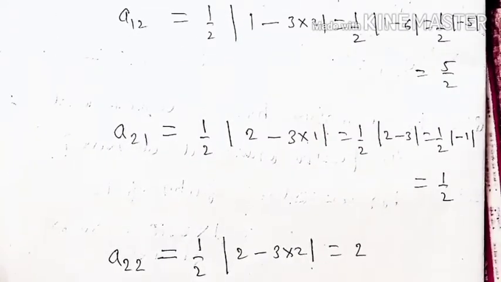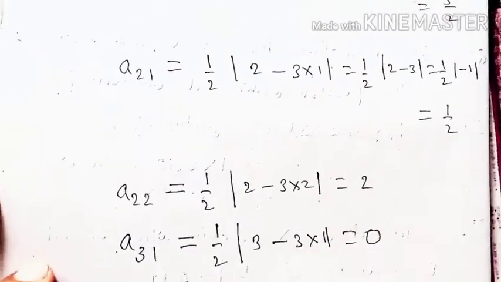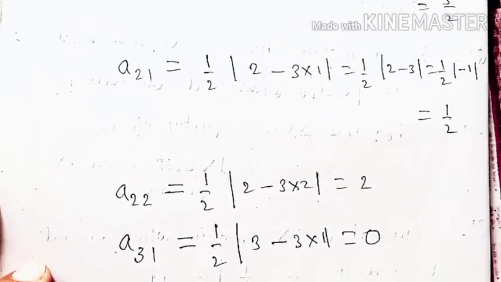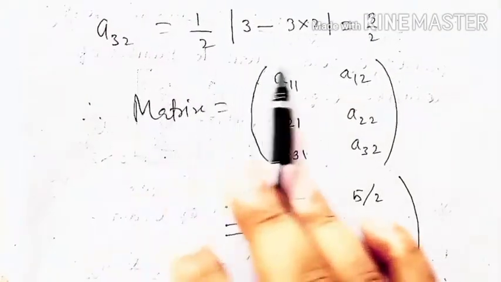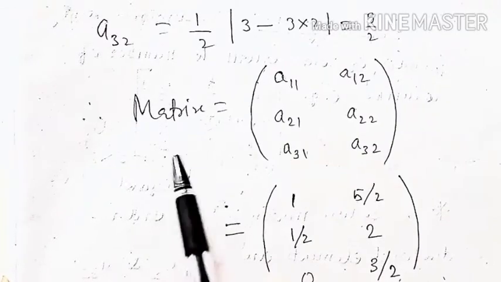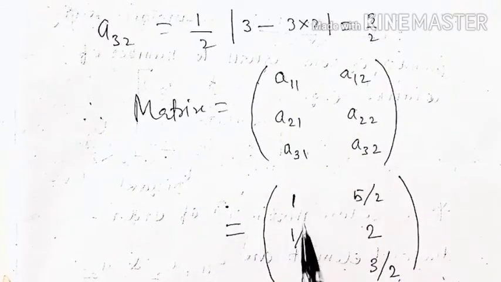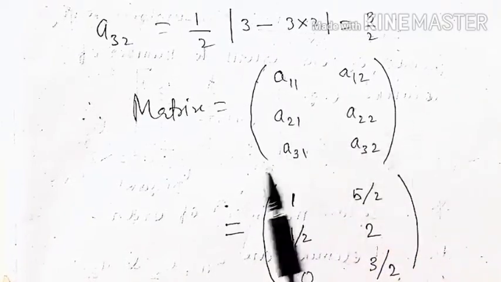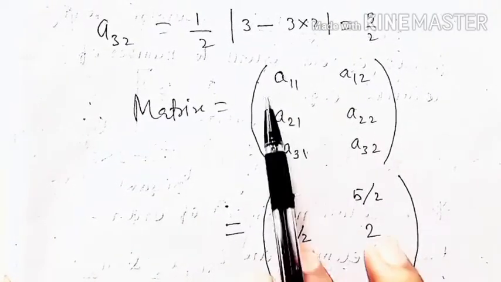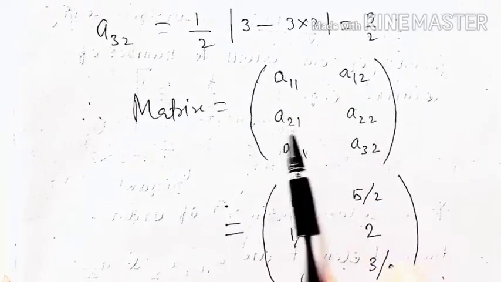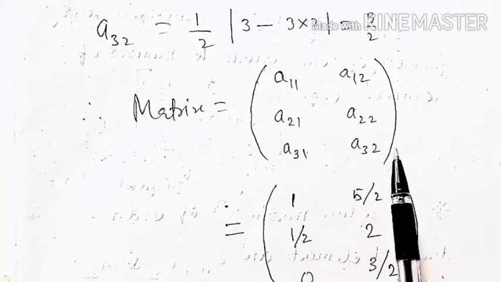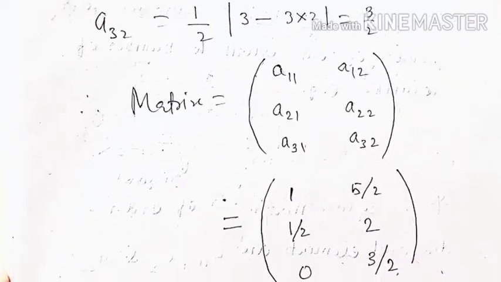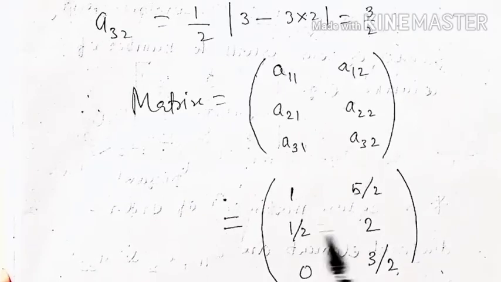This is 1 by 2, A22 as 2, A31 as 0, A32 as 3 by 2. So the matrix will have 3 rows and 2 columns. This can be written in this form: A11, A12, A21, A22, A31, A32. Now we put the values obtained above.